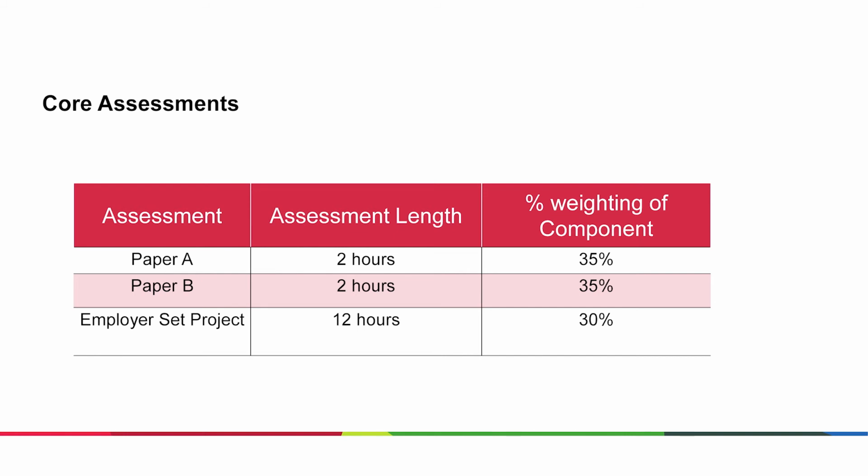And students will take those not one after the other, but in a very close period of time. The employer set project sounds as though this is something that students will do in collaboration with a work placement. It is not. It is an application of skills through the knowledge that they have learned and developed as part of that core.